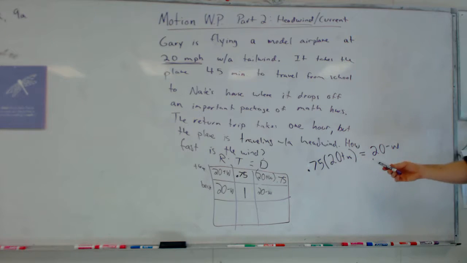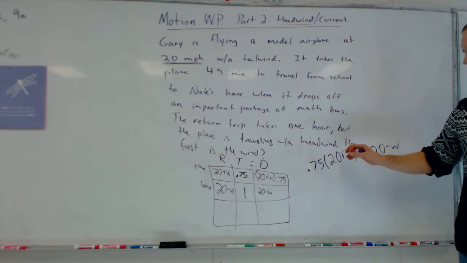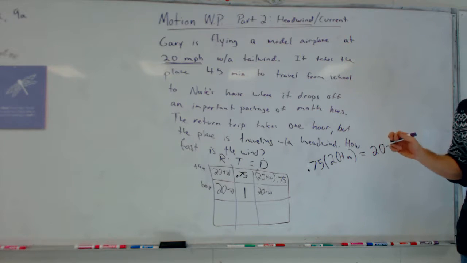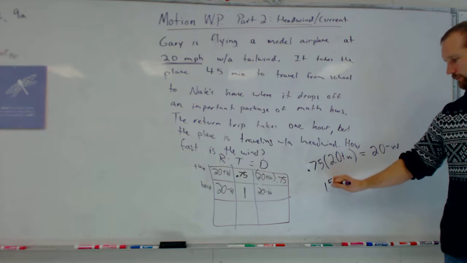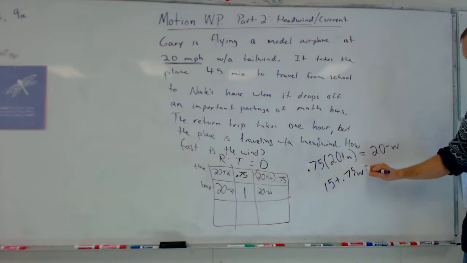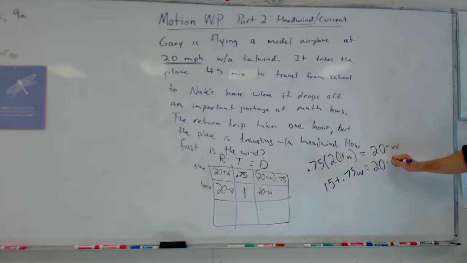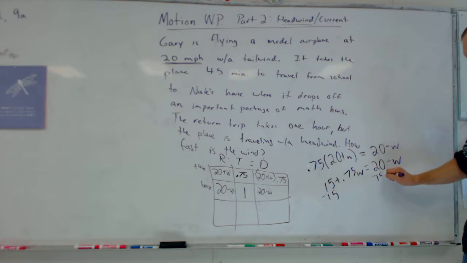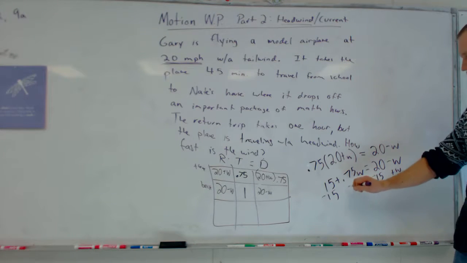You guys know how to solve this one algebraically. 3/4 of 20 is what? 15. Plus 0.75 W equals 20 minus W. So I would subtract 15 from both sides, and while we're at it, let's add W to both sides.